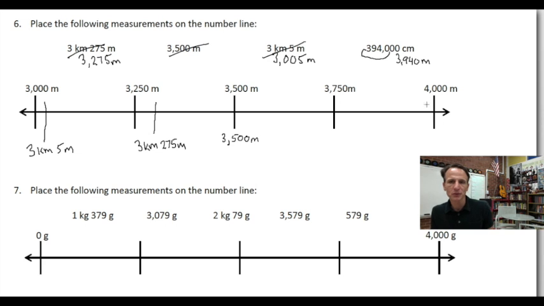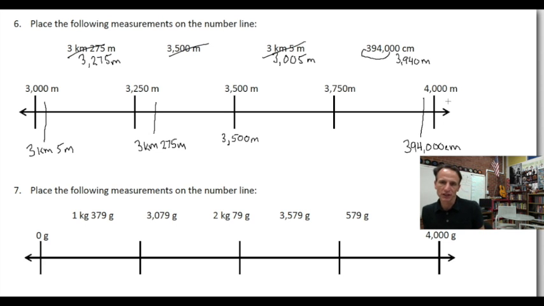So where would I place that here? Well, I have 3,750. That's less than that. And then I have 4,000, just above that, right? So 3,940 would be way up here. And I'll write it in the form that it was given to me, 394,000 centimeters. That last one was a little tricky, wasn't it?